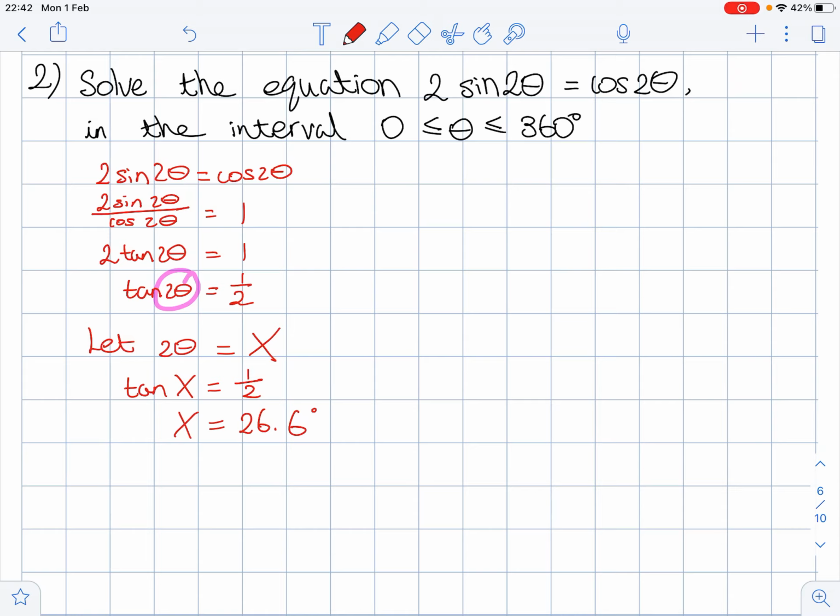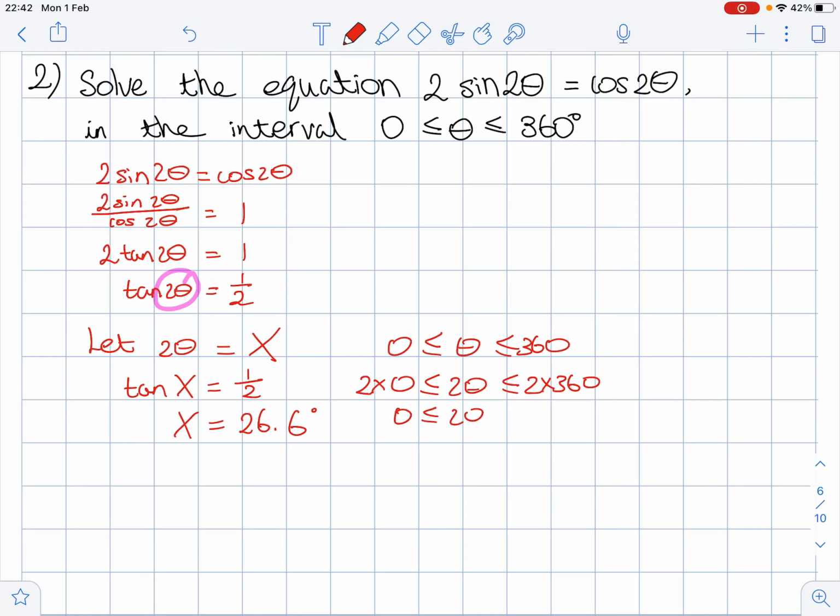Again, remember what we said before. Theta is in the interval 0 to 360. But this time we have 2 theta, so we've got to multiply the values all by 2. So 2 times 0 and 2 times 360.